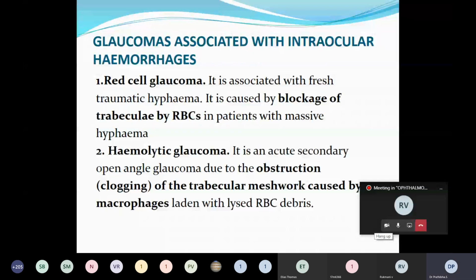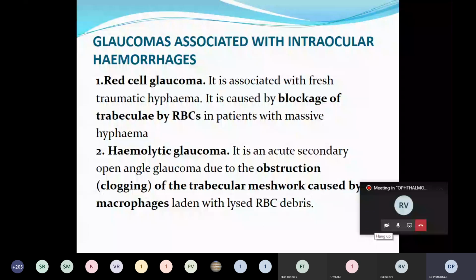So the glaucomas associated with intraocular hemorrhage include, directly, red cell glaucoma. These fresh red blood cells following trauma can block the trabecular meshwork and cause red cell glaucoma. Sometimes in fresh hyphema, nothing happens. There may be a hemolytic glaucoma.